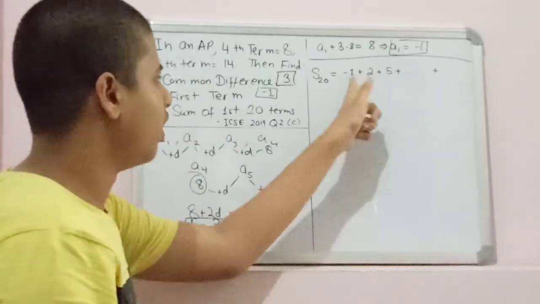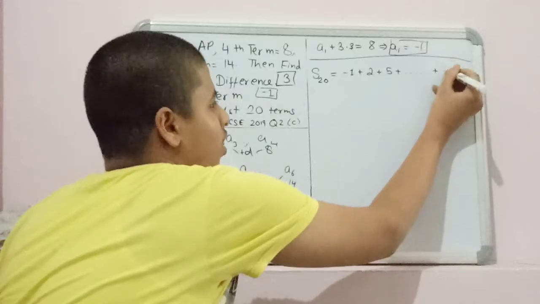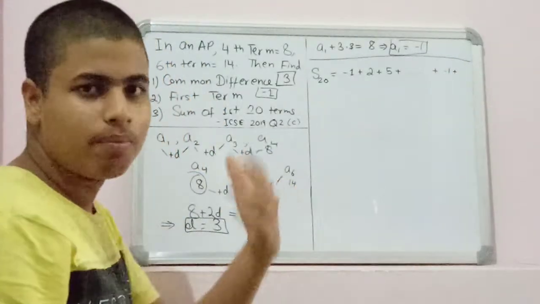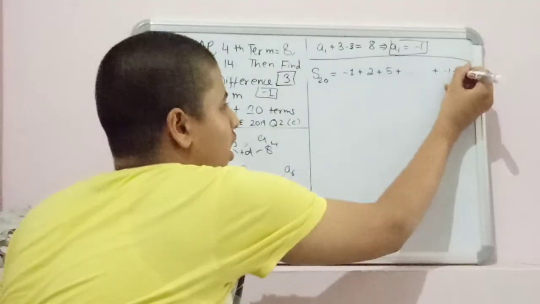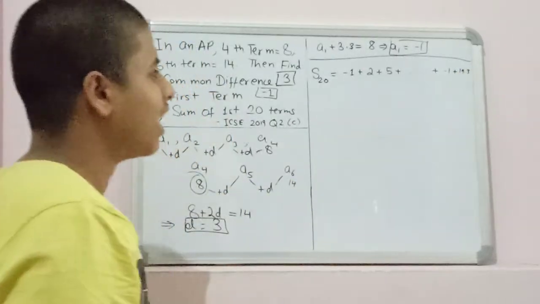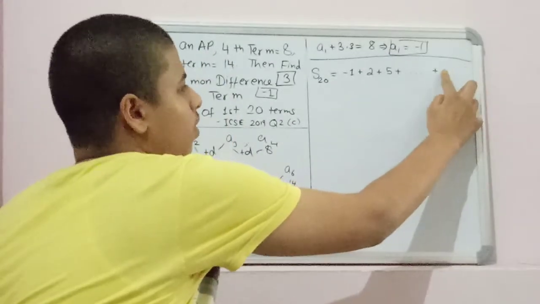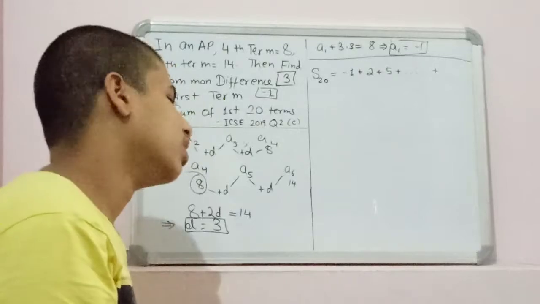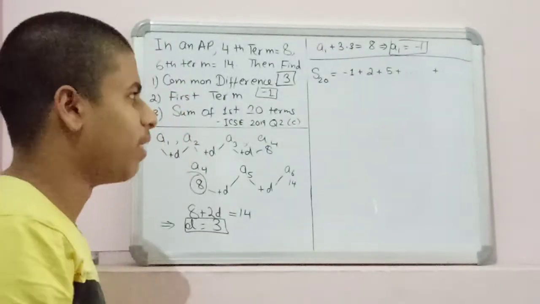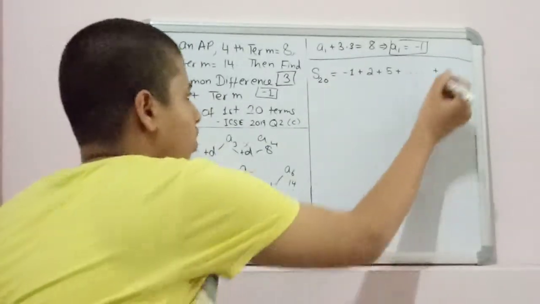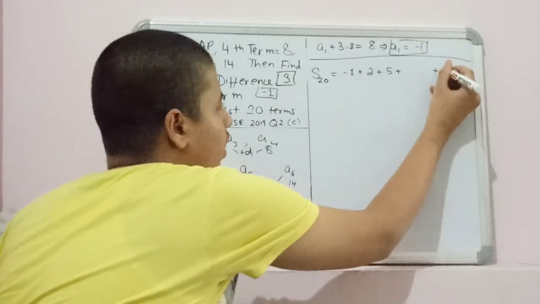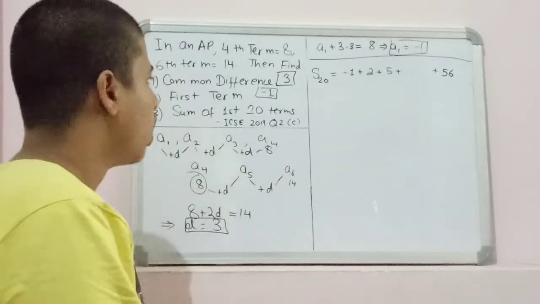So it should be the first term, negative 1, plus 20 minus 1 times the common difference, so 19 times 3. What is 19 times 3 equal to? 19 times 3 is 57. That's 20 minus 1, that's 60 minus, yeah. 57 minus 1, that's 56.